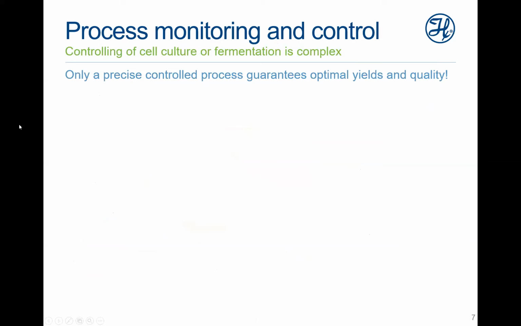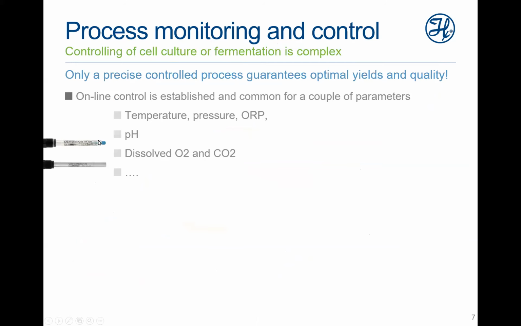So let's now talk about the measuring and controlling of cell culture and fermentation, which is a complex thing. You would probably be very surprised if I asked you how many times a day you measure pH. Of course, you do this online, and other values such as temperature, pressure, and oxygen content are also measured online, so that your cells are doing well.